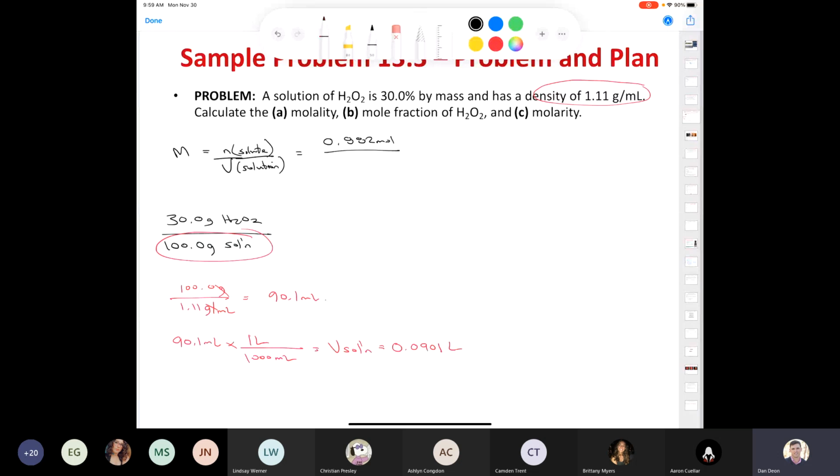I plug that number in here, and now I calculate the molarity, which is 9.79 molar. And there we go. We were able to calculate the molality of the solution, the mole fraction of hydrogen peroxide, and the molarity of the solution just from the percent by mass and the density of the solution as well.